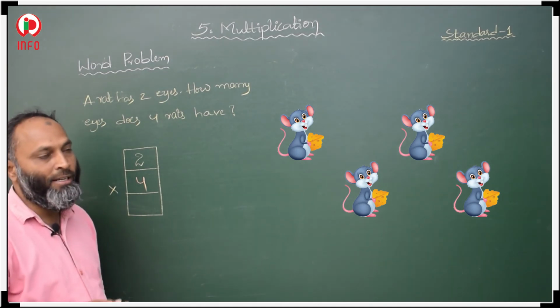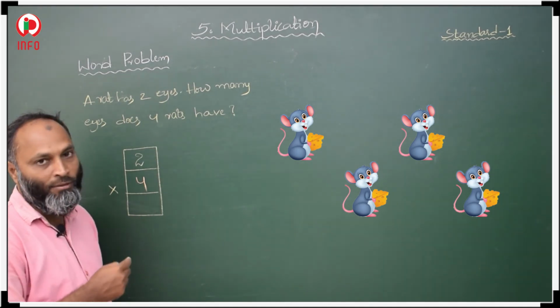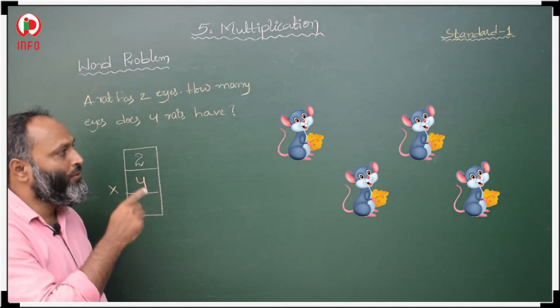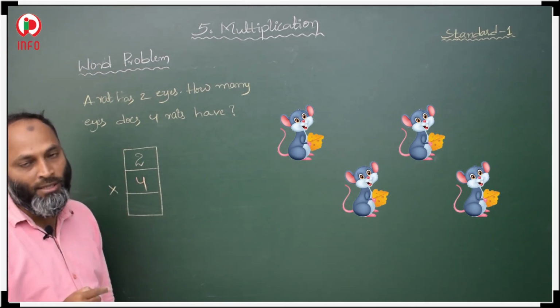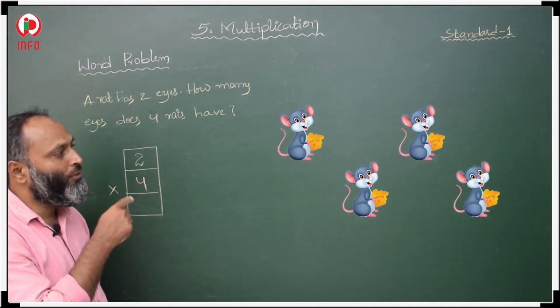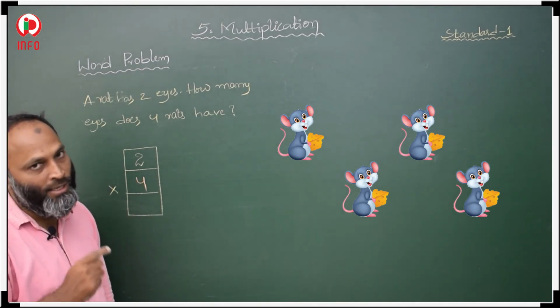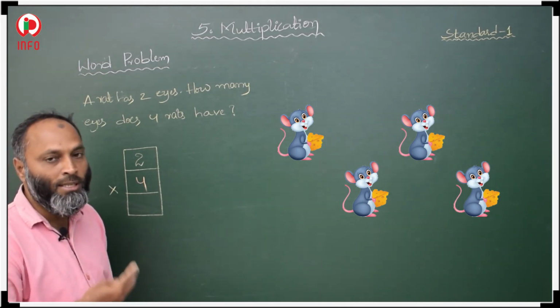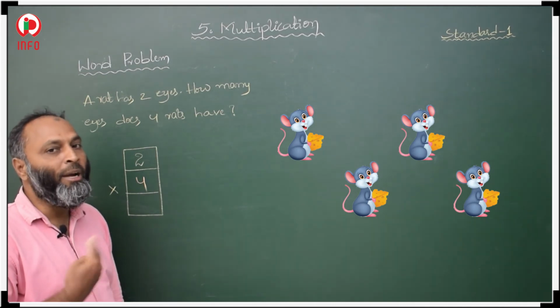They have an equal number of eyes. First rat, second rat, third rat, fourth rat, all have 2, 2, 2, 2 eyes. So it means 2 plus 2 plus 2 plus 2. This is continuous addition, repeated addition.